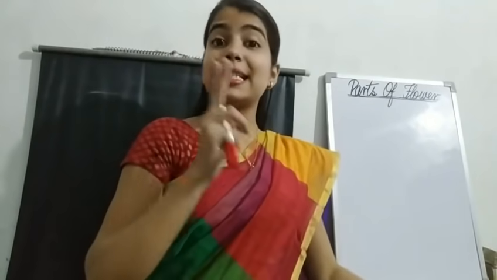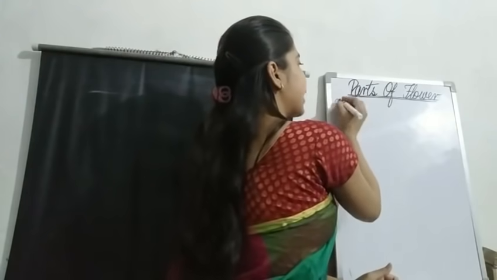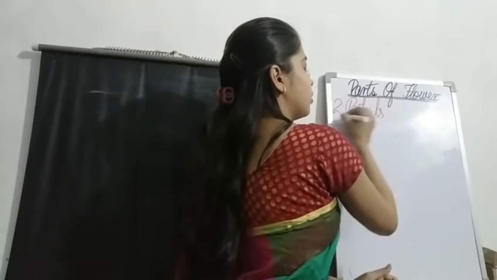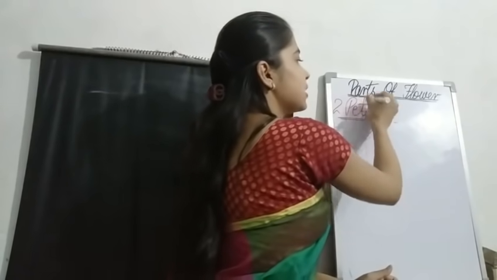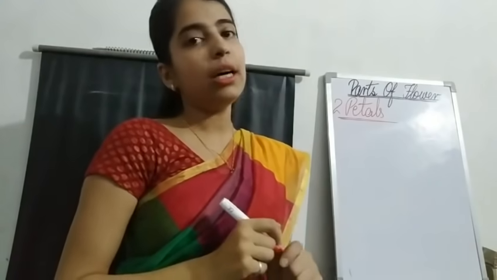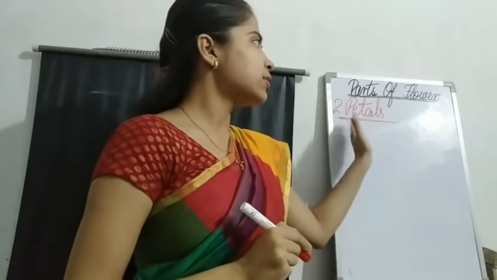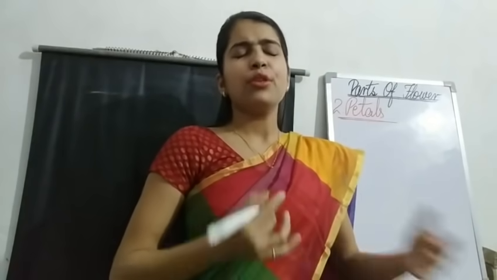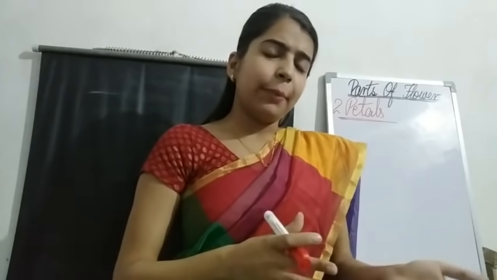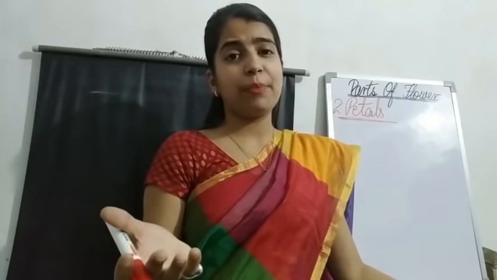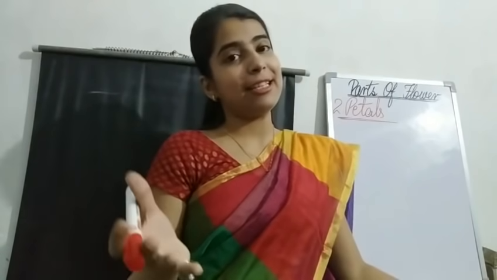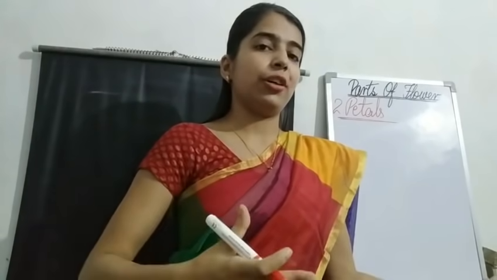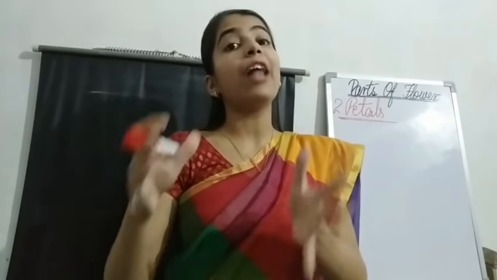Now we will learn the second part. The second part of the flower is the petals. Petals are the second whorl of the flower. First, let us talk about color and size. Petals have different shapes, different colors and different sizes in different flowers. Their structure differs from flower to flower.